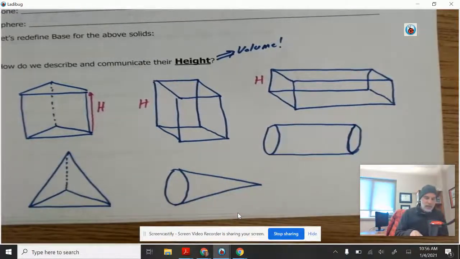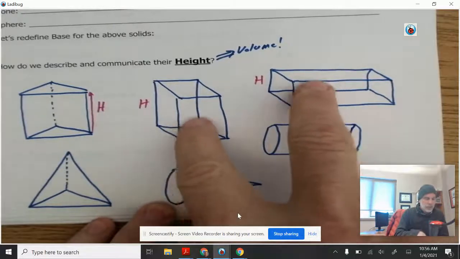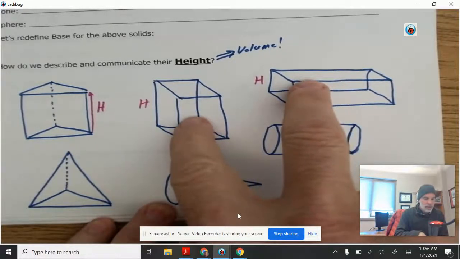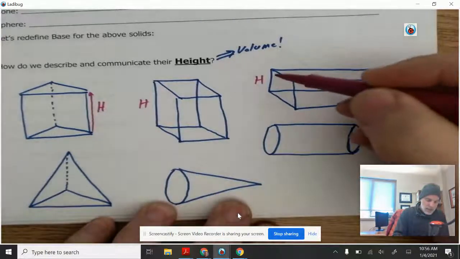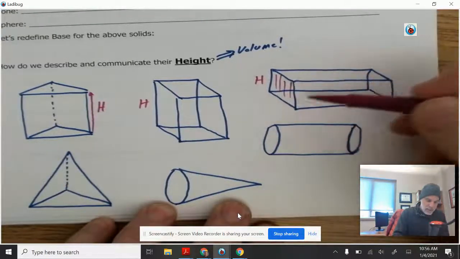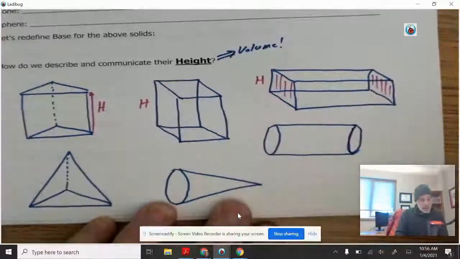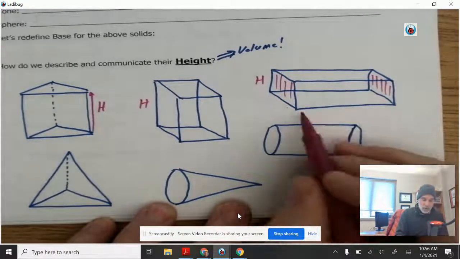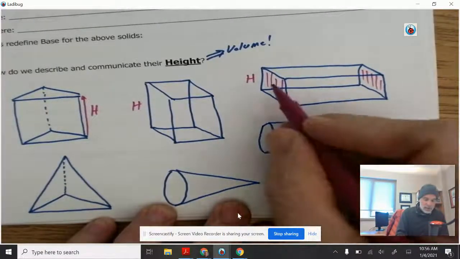Now, I will say this while we're on this rectangular prism, it's kind of an anomaly. The rectangular one is the only one that works this way. Someone could argue that this side was the base and it was stacked all the way through to this side. And so technically, we could argue that this side over here is the height because it was stacked this way.